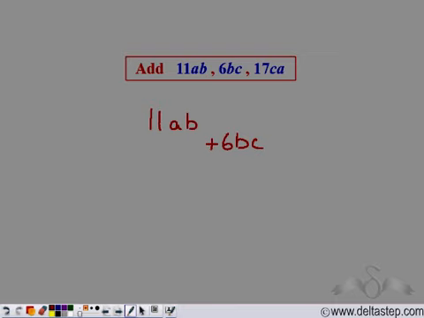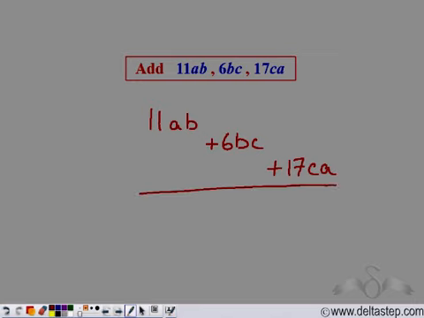It is an unlike term, so we need to write it separately. Similarly, for 17CA, we have to write it here because it is not a like term as any of these two. So we write all three in different columns.